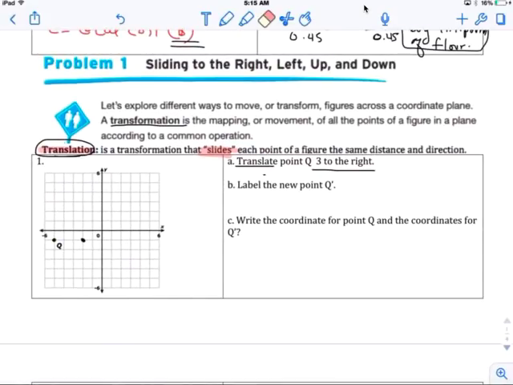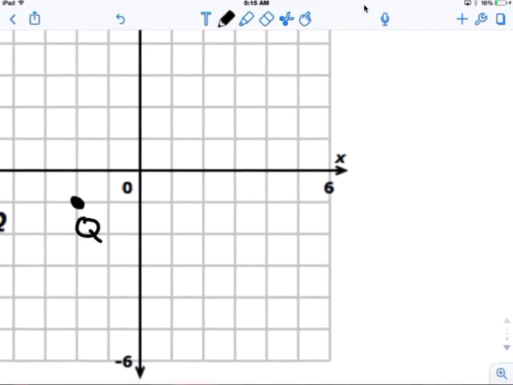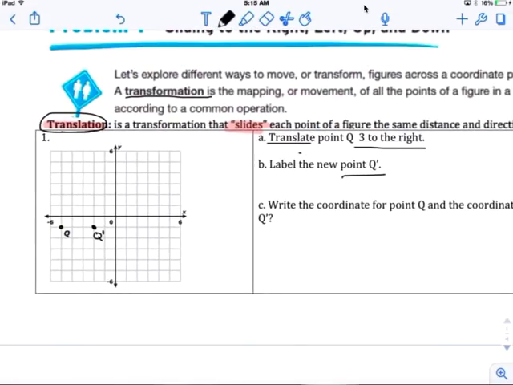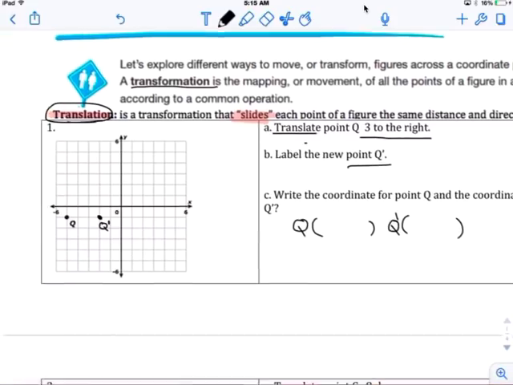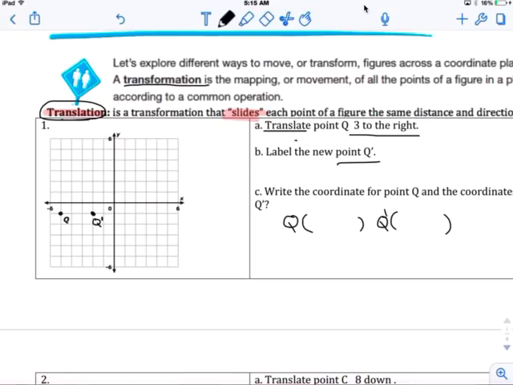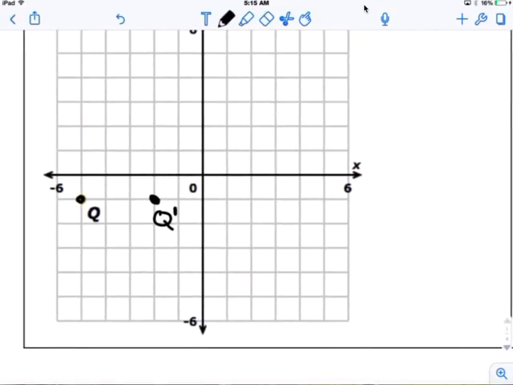Label the new point Q prime. Okay, label it Q prime. This little dot is called prime. Write the coordinates for point Q and the coordinates for Q prime. Okay, point Q, I think I put numbers on your homework.